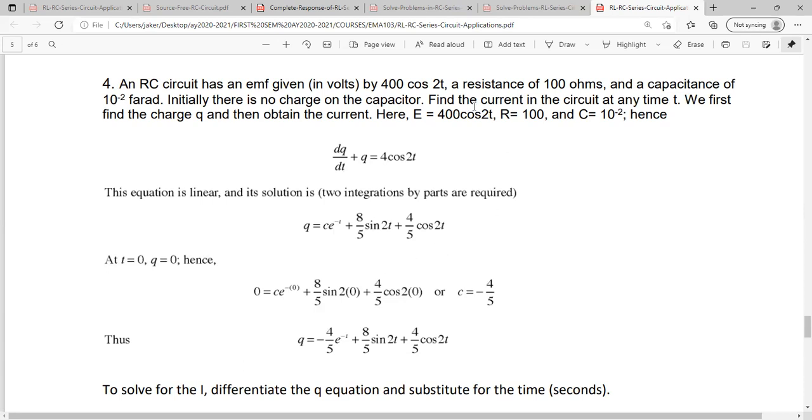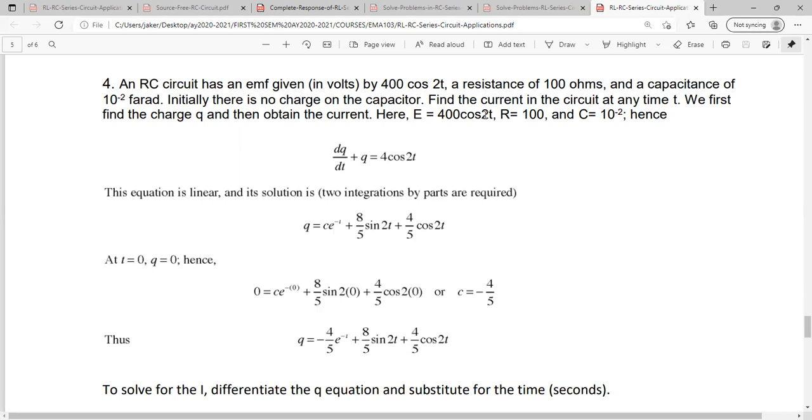For this problem, you are to find the current in the circuit at any time t, which requires you to determine the equation that you will be using in determining the current in this particular circuit. Now, this is an RC circuit.